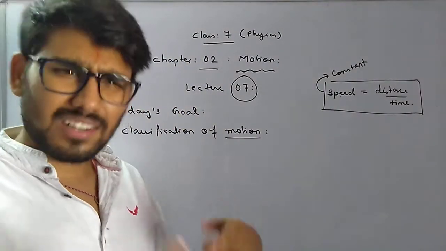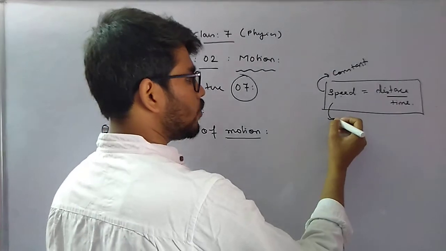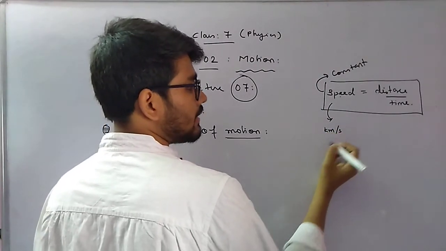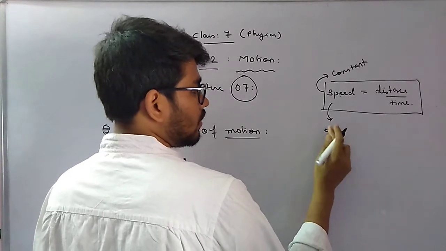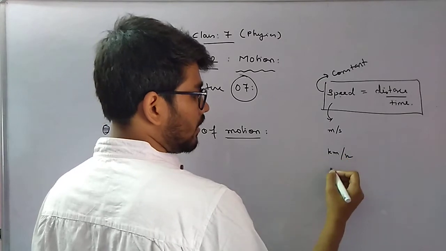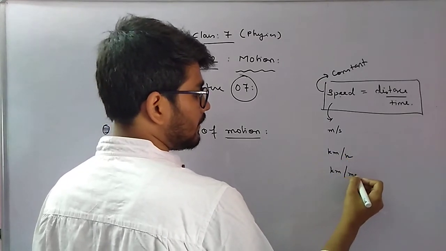We had learned that we have different units of this. For example, meter per second is the SI unit. Then we had kilometer per hour, kilometer per minute.